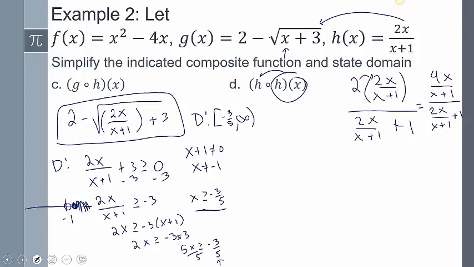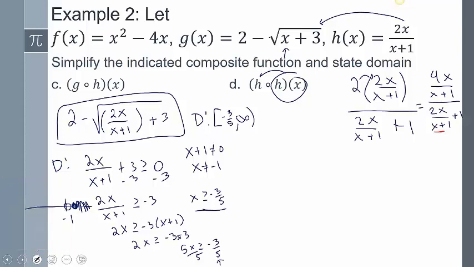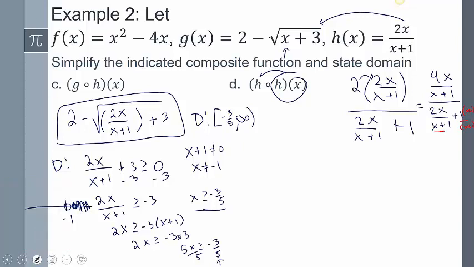So in this instance now, I've just multiplied the 2 through, so that's okay. But now here towards the bottom, how do I combine those together? Well, I need to find the common denominator. And so if there's an x plus 1 here, this needs x plus 1 over x plus 1. And so now what I'm going to have listed is 4x over x plus 1 over 2x plus x plus 1 over x plus 1.